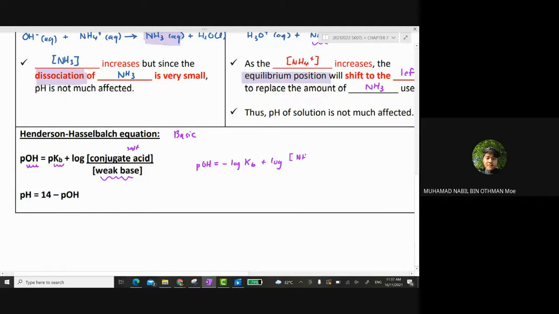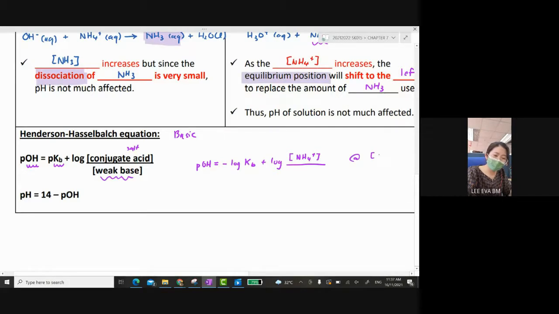Or maybe you want to write it as the concentration of NH4Cl, which can also be used, because the salt and the conjugate acid have the same concentration. So there is no problem, both are correct. And then after that, you have your weak base. So here is the specific equation for this example.